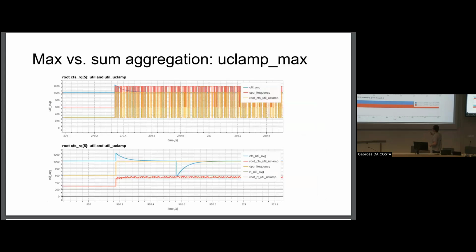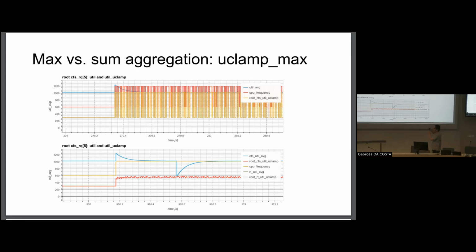There's a very nasty problem with max aggregation, which is that you take the max value of Uclamp min or Uclamp max. Let's say you only have task A, an always running task, capped at utilization 300. A small task wakes up, which doesn't have any Uclamp value, so default Uclamp max is 1024.